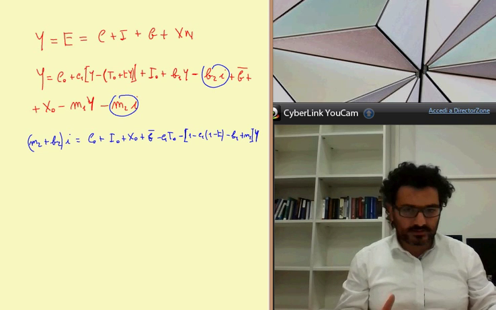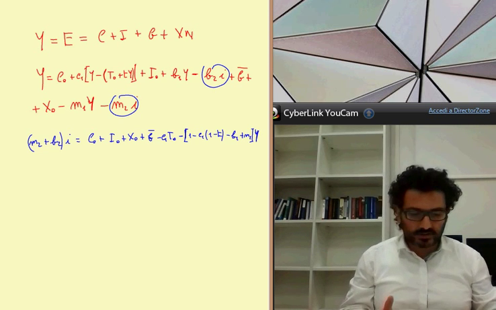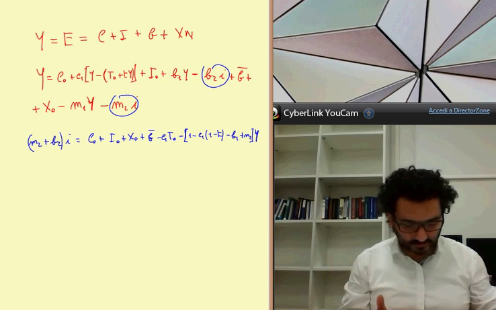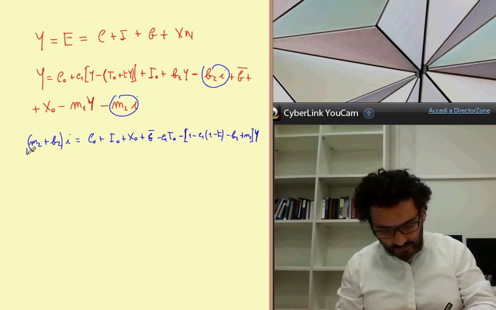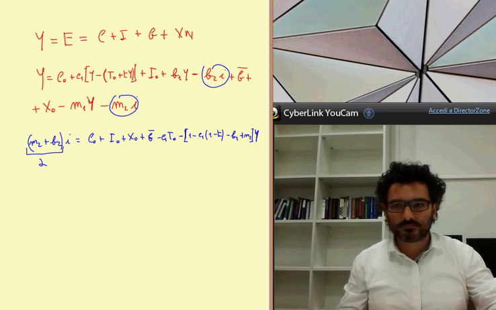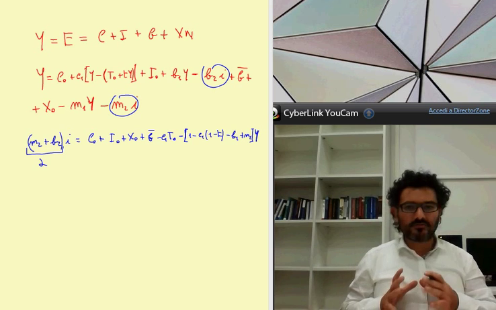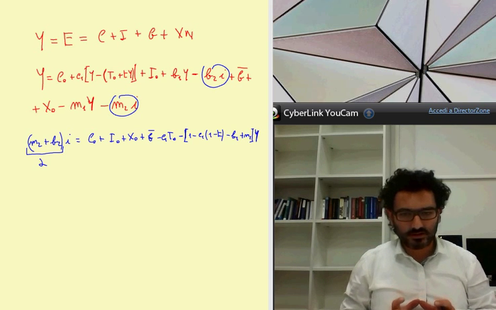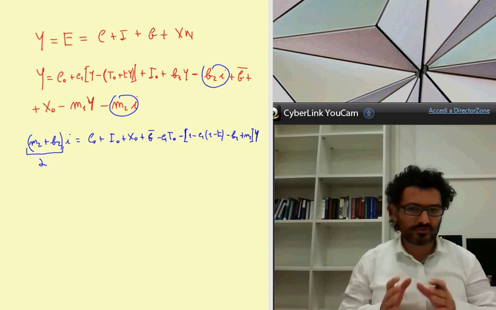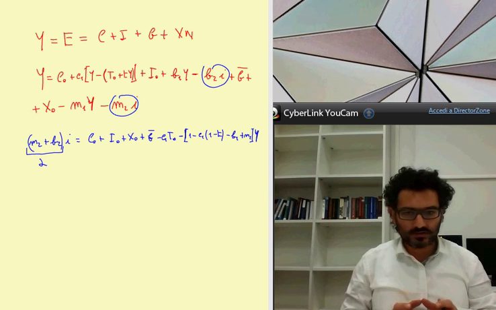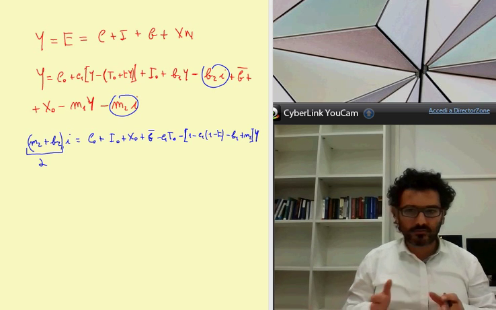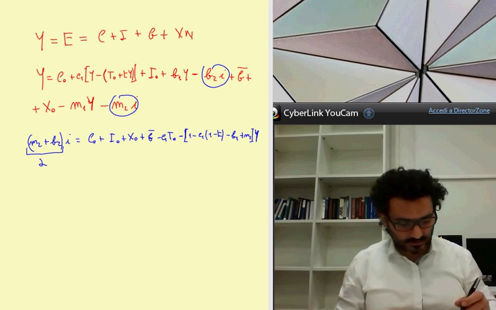You can easily check that you can obtain this relation from the previous. We can call this alpha. So alpha is the sensitivity of the total expenditure to the interest rate, which is given by the sum of the sensitivity of imports and investments.